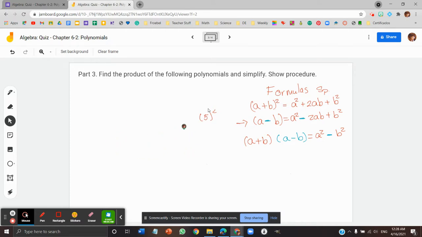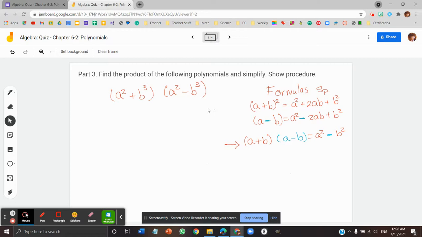What if I have a to the second power plus b to the third times a to the second minus b to the third? Well, you know something that looks a lot like this. The only difference is that they're not elevated, but they have the same pattern, right?